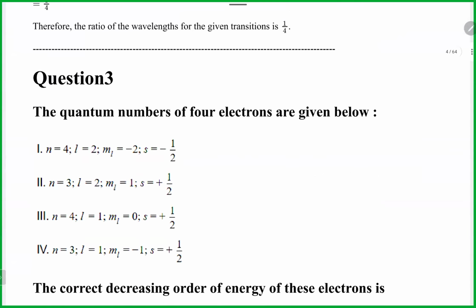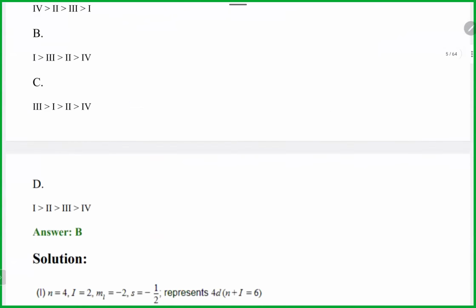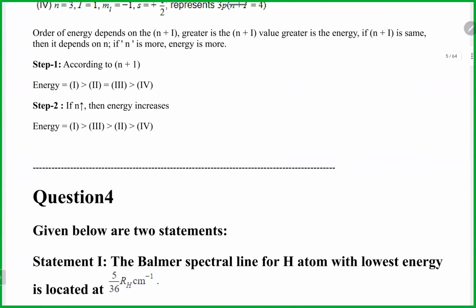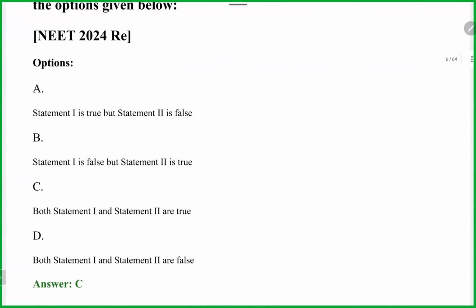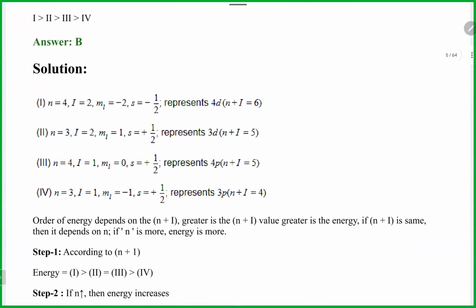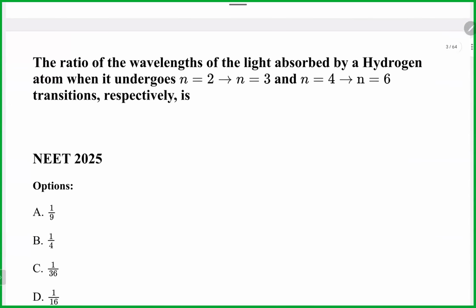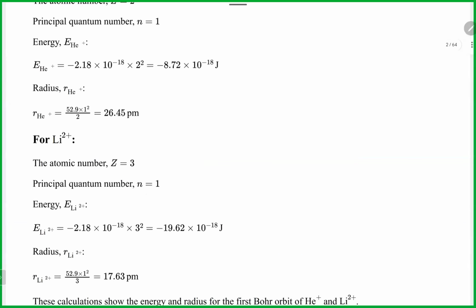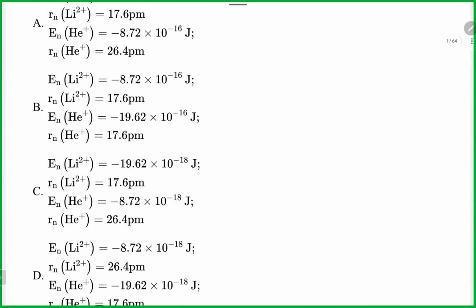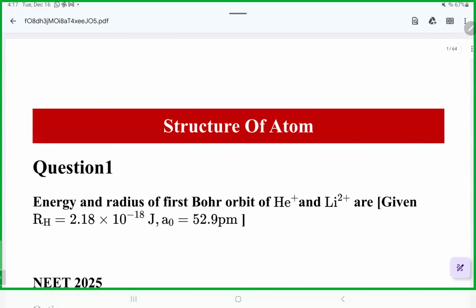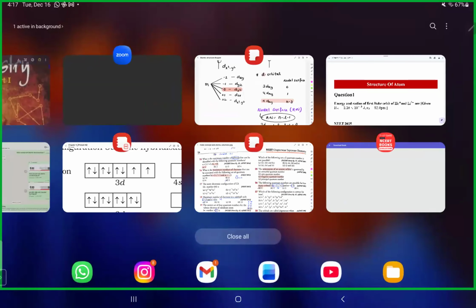See, what is the answer? Correct. Energy will be done in the Aufbau principle. I still remember you had a question this year. Wavelength. This is Bohr model. Maybe in some other paper.